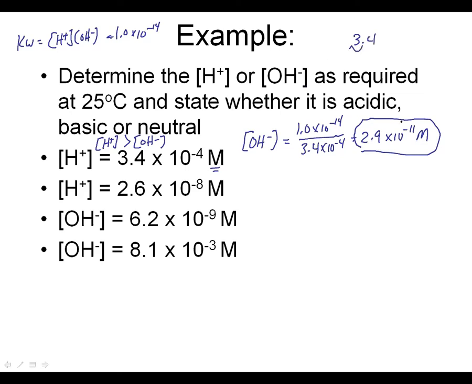But when we take the 2.9, I won't draw it all, but we're going 11 places to the left, and we're obviously putting zeros in front of all those. So the negative 11 is actually a much smaller number than the negative 4. Basically that means the H plus concentration is larger, and the first one would be acidic.